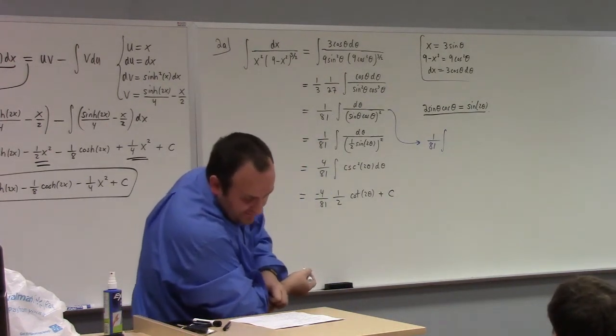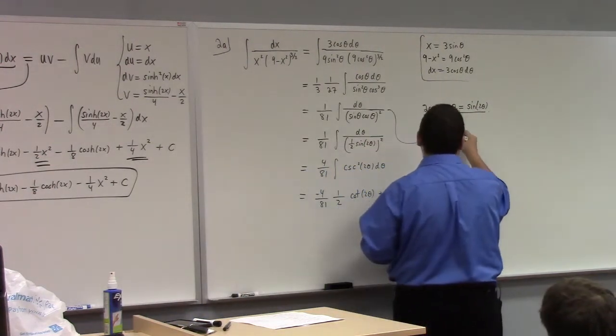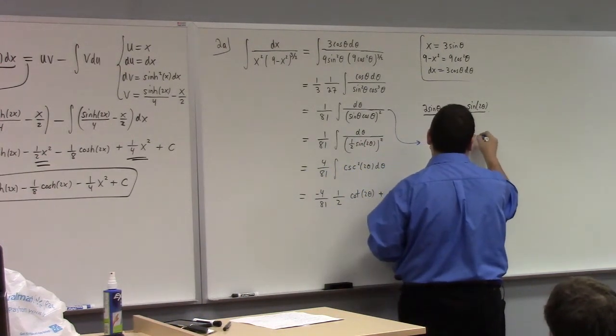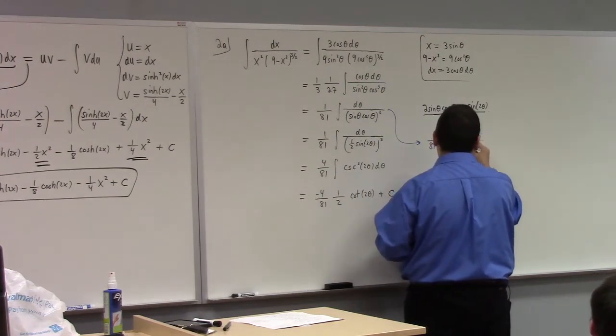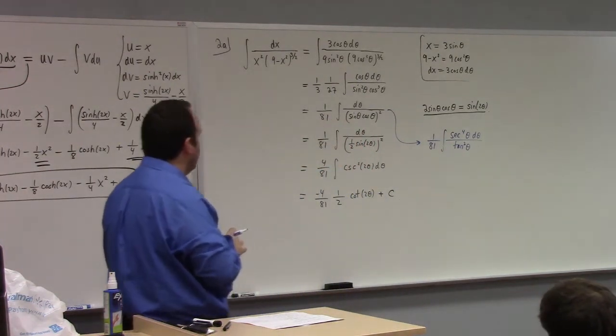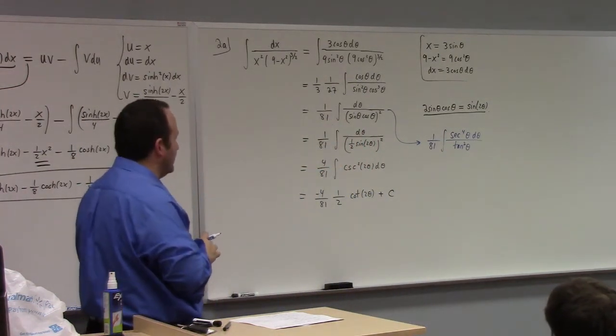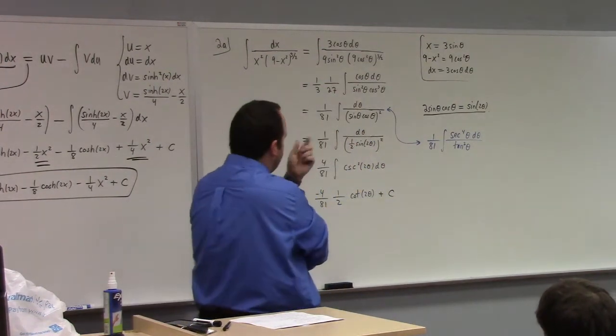He rewrites it as secant to the 4th theta over tangent squared. Because he's done a bunch of these in class, I know he's doing this kind of example. You guys see that?